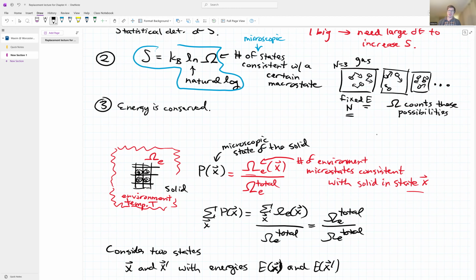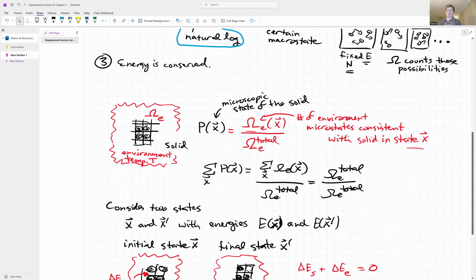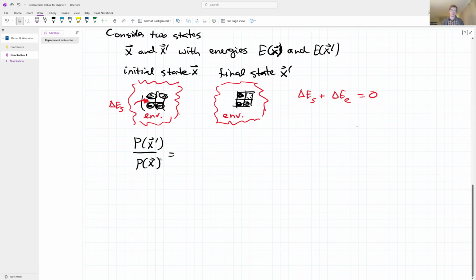So any particular microscopic configuration is equally likely, just like an Occam's razor type argument. It's the simplest logical assumption that if you have no other constraints other than total energy and total number of particles, then any state is equally likely. And if it's not equally likely, then we can always pick another macroscopic variable to make sure that all of them are equally likely. It's a subtle point, but hopefully it makes some intuitive sense.